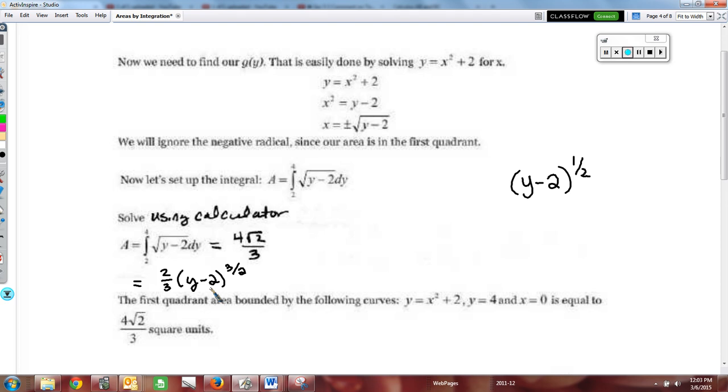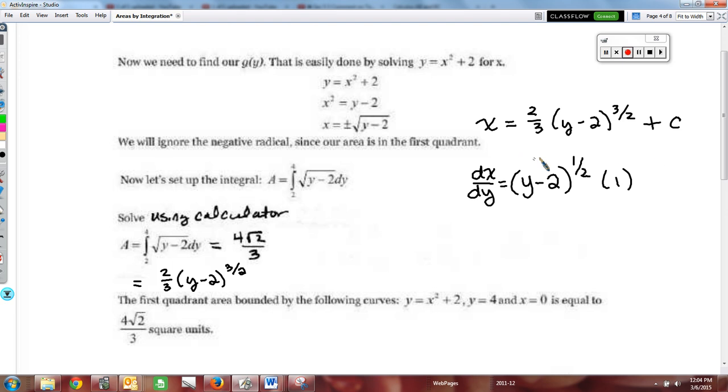And then I'm waffling a little bit here because there's really a chain rule problem here. If I were to take the derivative of what I have, would I get this? The answer is yes, because the derivative of y minus 2 is 1. So I'm assuming this must have been a chain rule problem, where this is the derivative of x with respect to y when I have x equal to 2/3 (y minus 2) to the 3/2, technically plus c.